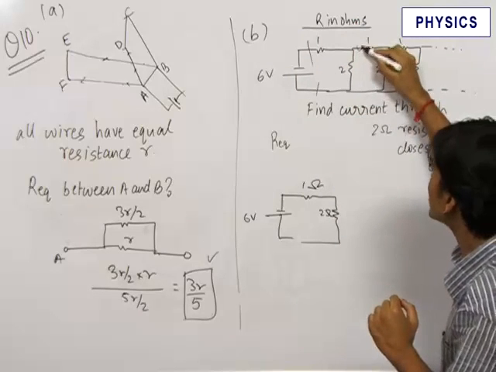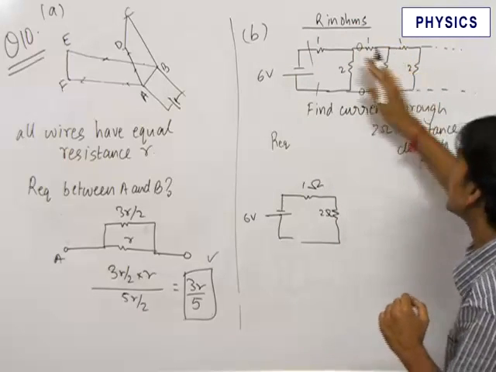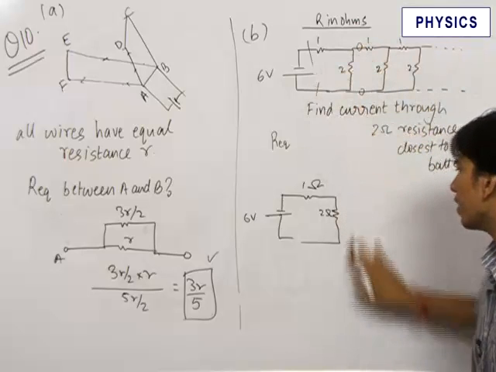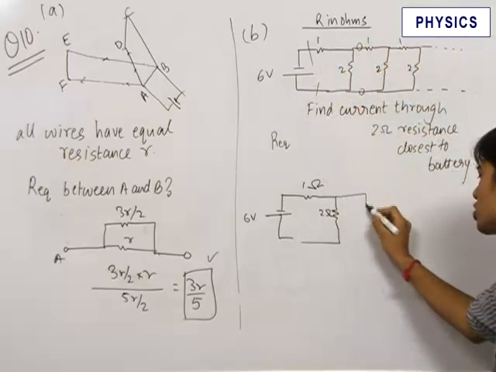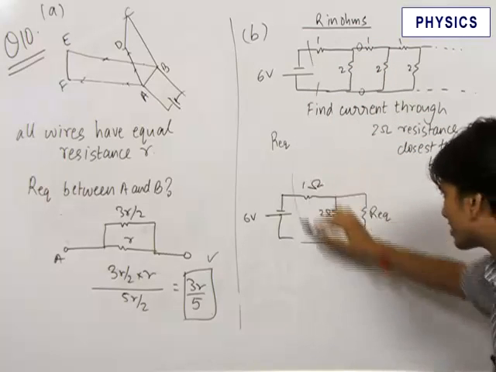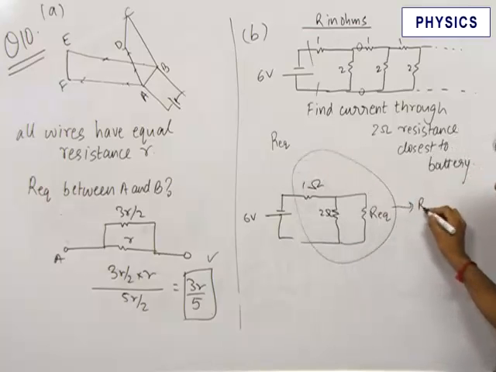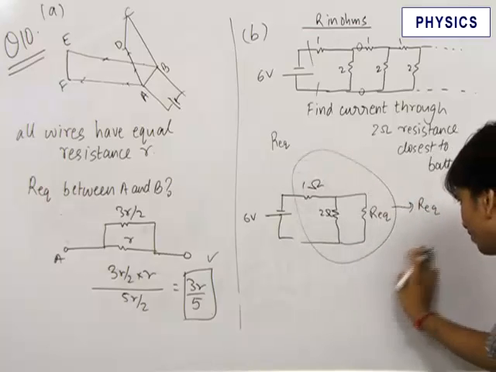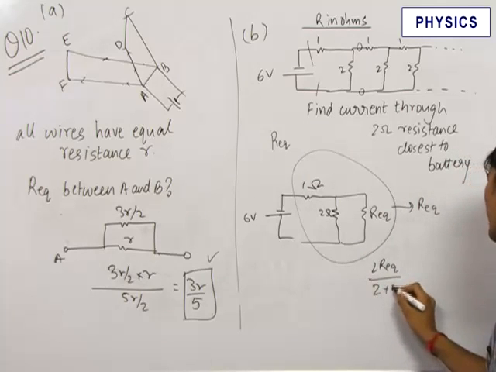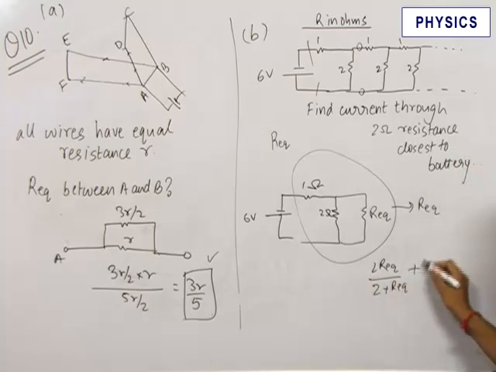Therefore the equivalent resistance of the circuit across these 2 points will also be equal to R equivalent, because infinity minus 1 is infinity. Therefore we can assume R equivalent attached over here. Now the equivalent resistance of this circuit will also be equal to R equivalent. Therefore 2 into R equivalent upon 2 plus R equivalent plus 1 will be equal to R equivalent.